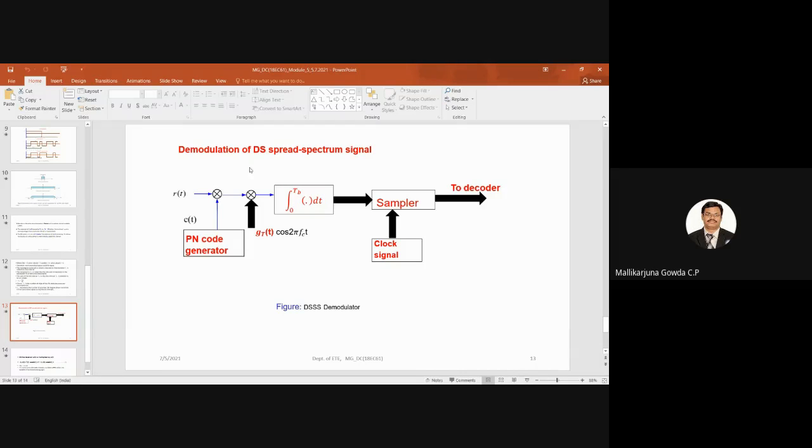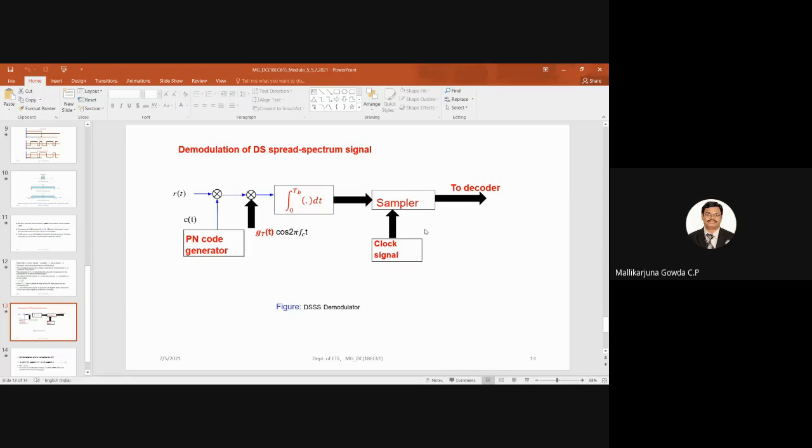Then the sample we take, the output of this correlator, will be synchronized with the clock signal. Then it will be given to the decoder to estimate the transmitted binary sequence.